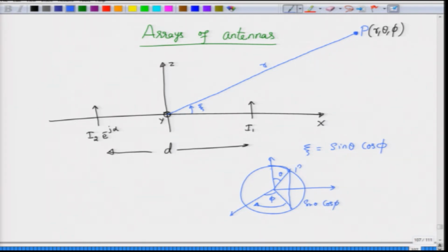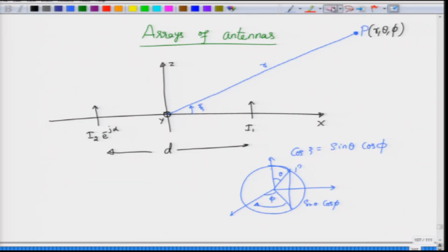Sorry, this is basically cos zeta, not zeta itself, the projection part is what I am looking at. So, cosine zeta is sin theta cos phi. Please keep this in mind when we analyze the antennas later on.